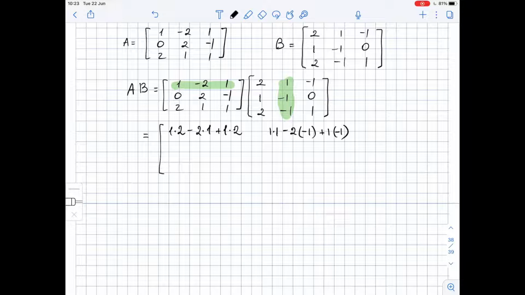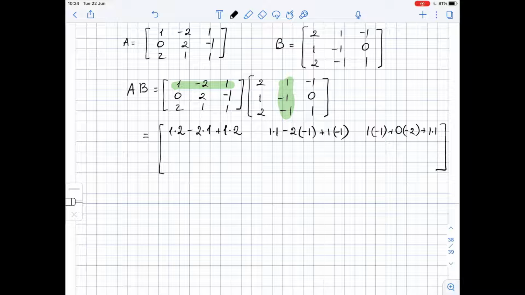Similarly, to find the third entry in this row, we need to find the dot product of the first row of matrix A and third column of matrix B. So it's 1 times negative 1 plus 0 times negative 2 plus 1 times 1.